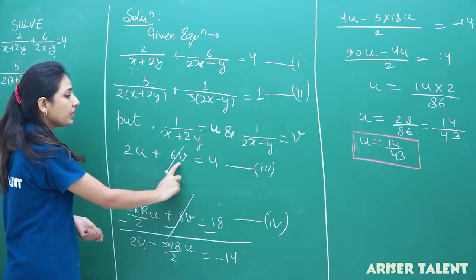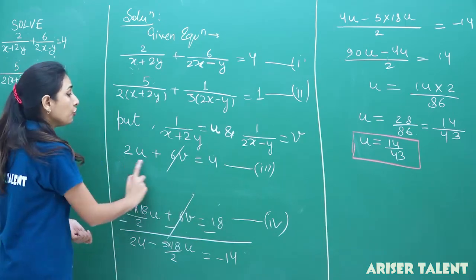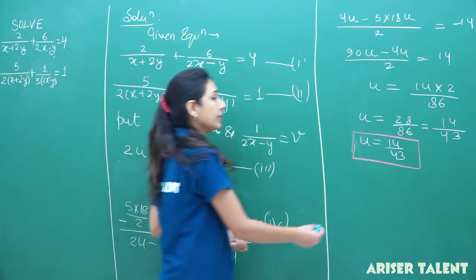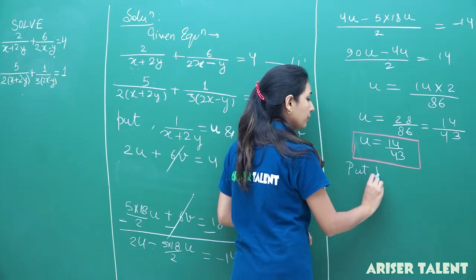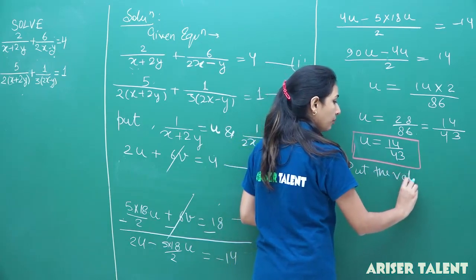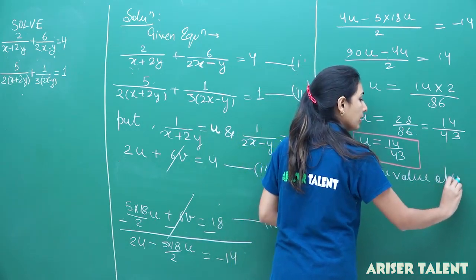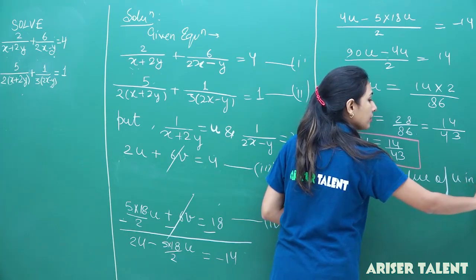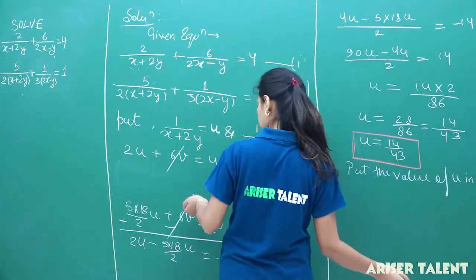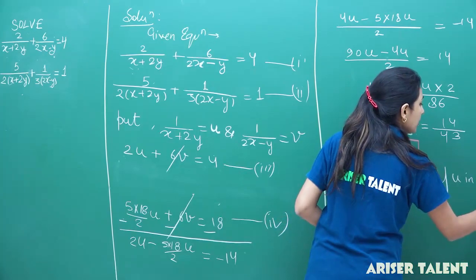This is one. If u equals 14 by 43, my dear students, then I have this small equation here, 2u plus 6v equals 4. Put the value of u in equation third.